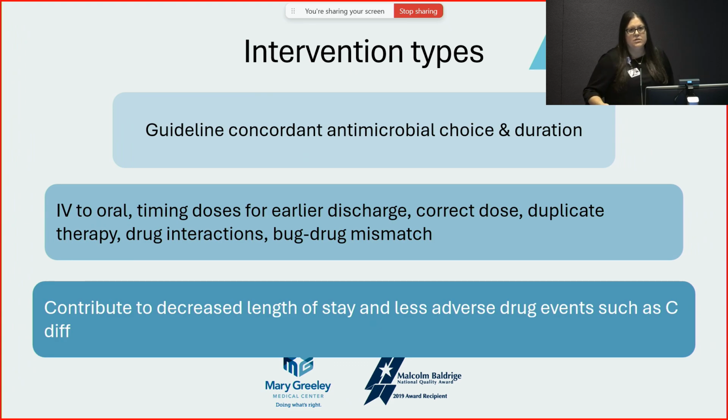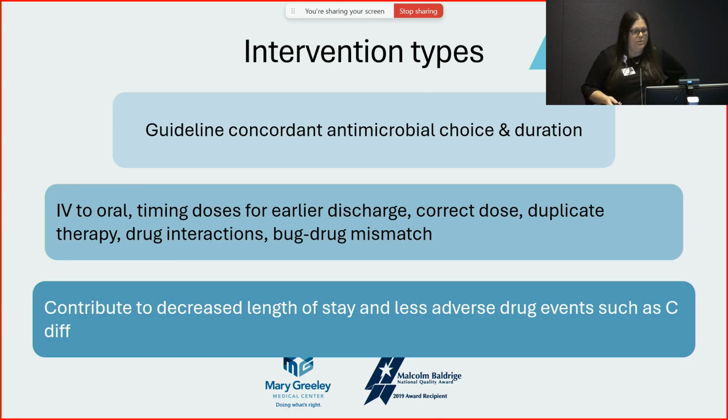And if not, they're just suggesting or helping remind the provider of what the options are moving forward. The pharmacists do IV to oral antibiotic changes. They do optimized dosing based on renal adjustments that need made, and they'll look at cultures for bug-drug mismatches.